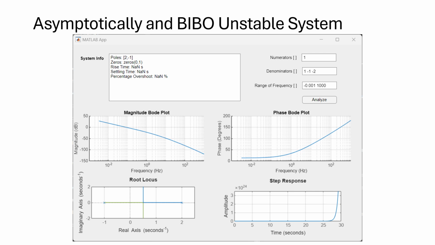And we can take a look at the step response with it going upwards compared to the stable system where it goes downwards. And we can also take a look at the root locus, which has a dot on the right hand plane, and whenever a system has a dot on the right hand plane, that means that the system is unstable. And it is also shown in the poles where we have a positive 2, which correlates to the root locus shown.